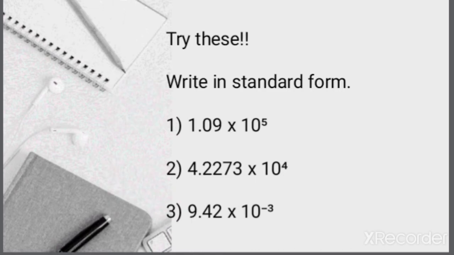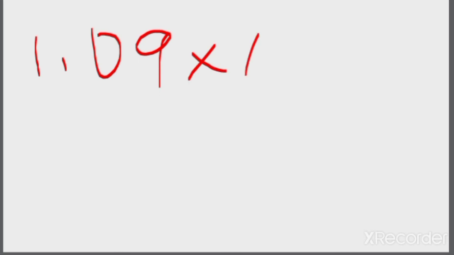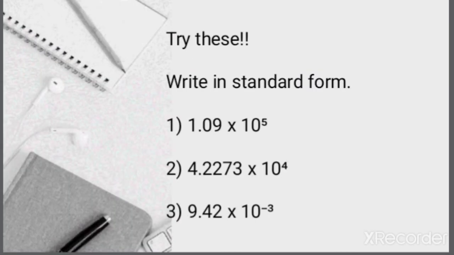So let's try this one. Write in standard form. So for number 1, we have 1.09 times 10 to the power of 5.